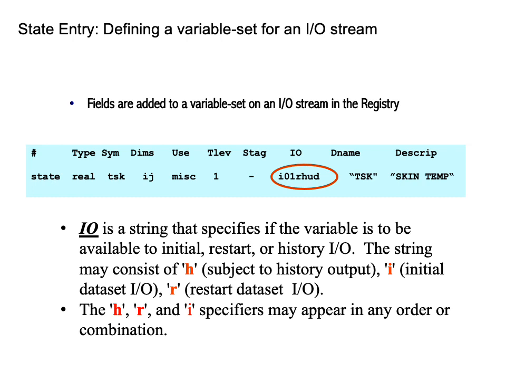I is an input variable, H is history, so an output variable, and R is for the restart file. There's only a single restart data stream. There are multiple input and multiple history I/O streams that are available. I, R, and H can appear in any order. They do have to be lowercase.